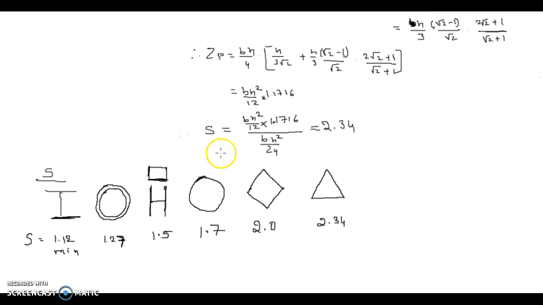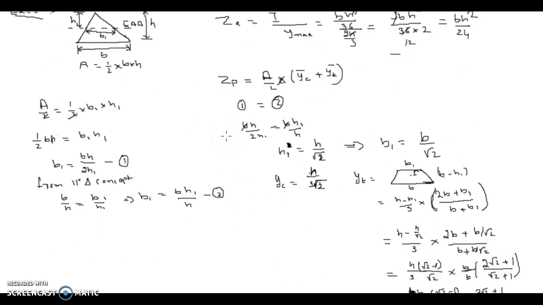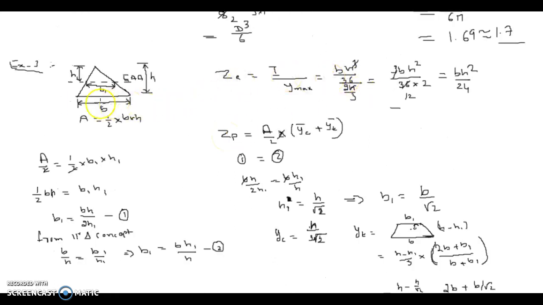They can ask you anything. They can give you any 4 sections, and ask you to arrange them in decreasing or increasing order of S, or they can ask you what is the minimum value, what is the shape factor for an I section, and also what is the shape factor for a triangular section. They can ask you anything, and I hope you have clarity on what exactly we did.